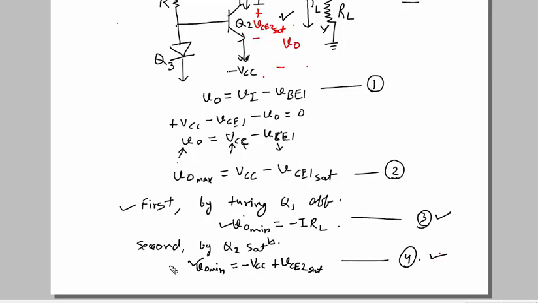Now what is the condition? The bias current I should be greater than the magnitude of the corresponding load current. This we have already seen. So for this condition from equation 4, let me take a new page, it is minus VCC plus VCE2 sat.